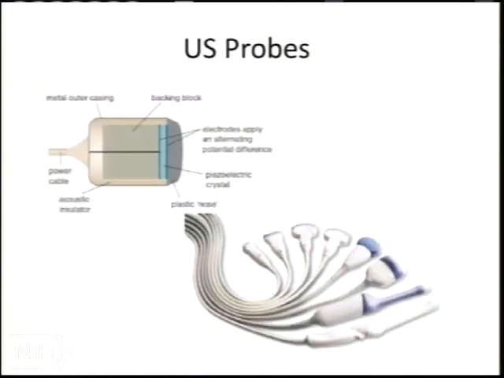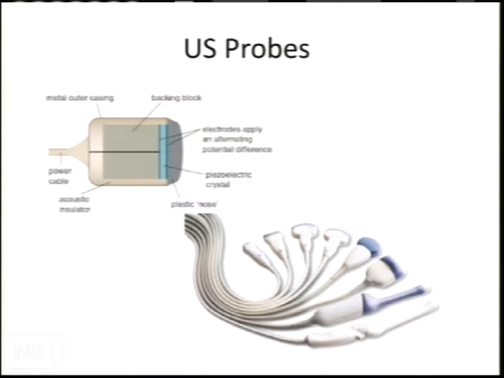So we have probes that the technologist holds, and they are the ones that produce the sound through a piezoelectric crystal, which sends the sound waves out, and they come in all kinds of different shapes and sizes in order to accommodate different frequencies. The higher the frequency, the better the resolution.